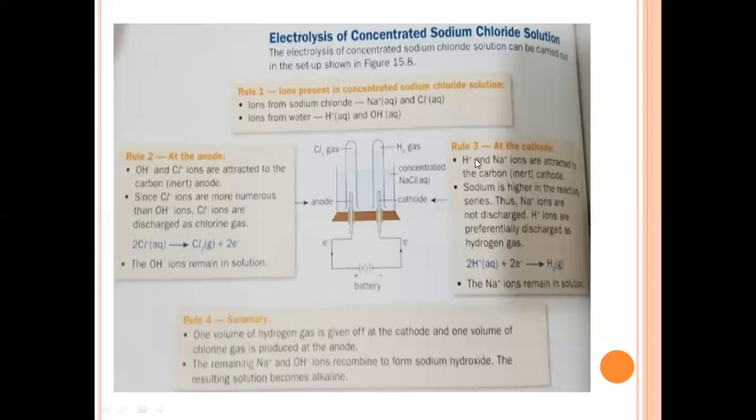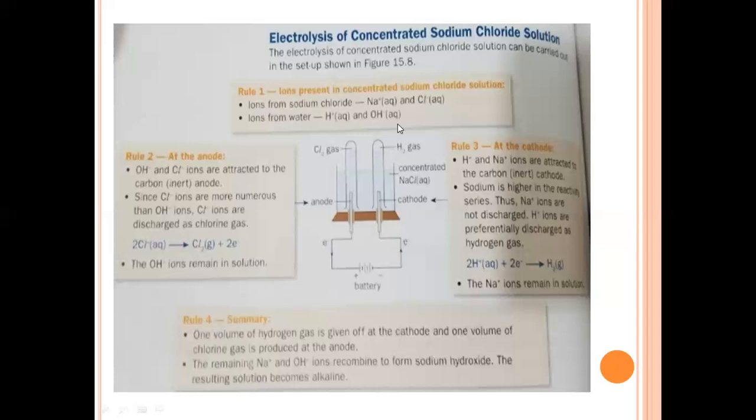So rule number three, at the cathode, hydrogen and sodium ions are attracted to the inert carbon cathode. Sodium is higher in the reactivity series, so sodium ions are not discharged. Here hydrogen preferably goes to the cathode because hydrogen is present below sodium.